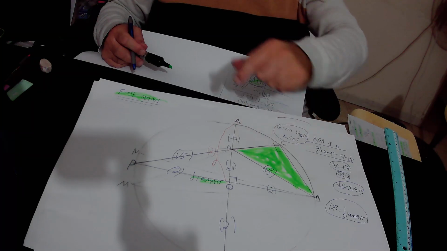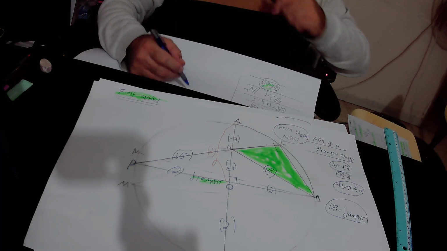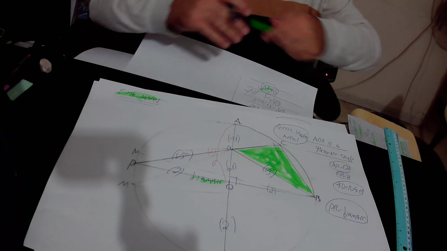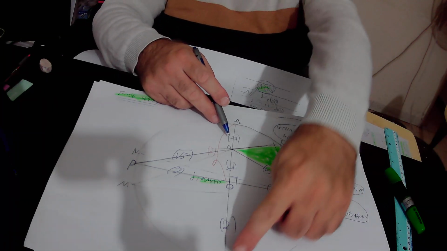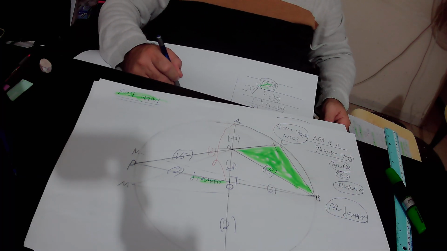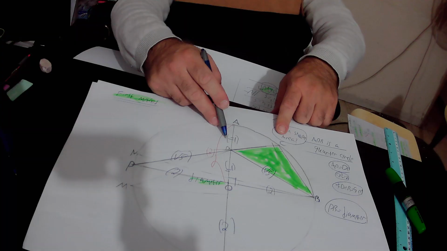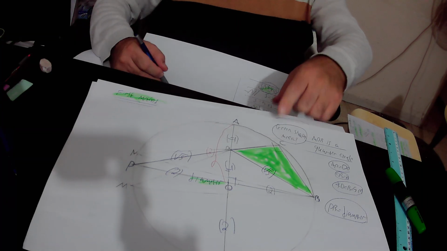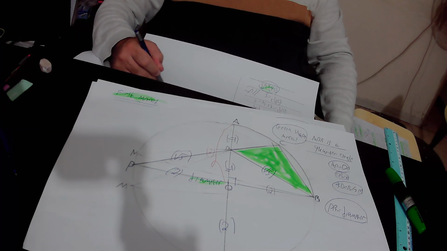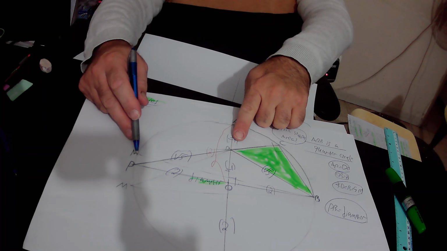AD is 1, times DQ. DQ in total is 1 plus 2, that is 3. And it equals CD. CD is the missing side, so we leave it as it is, times DP.